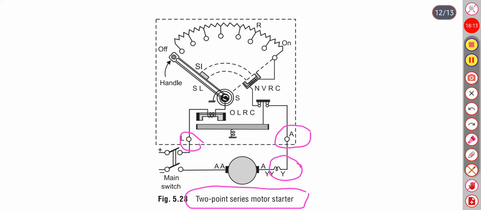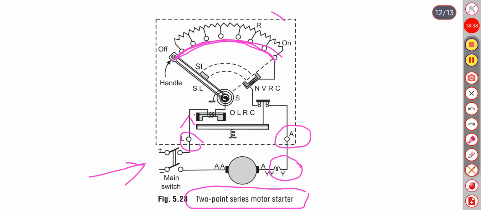So to start the motor, first you have to switch on this isolator or main switch. Then the current will flow from this circuit, and we have to move this handle on these points.